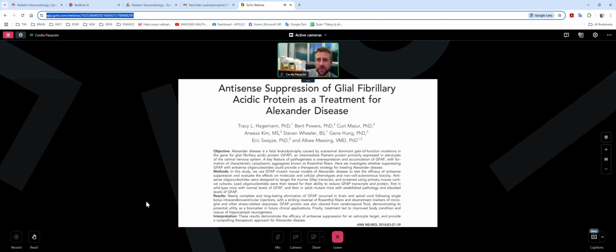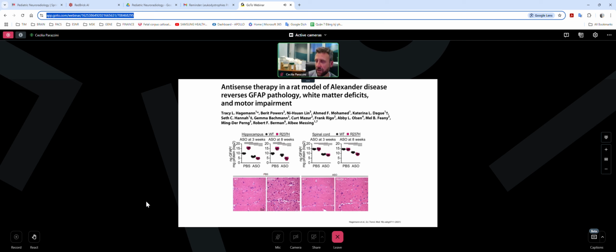So this strategy has been tested in preclinical studies for Alexander disease, and the results of the studies on the animal models were quite promising, and this led to start this clinical trial, which is now ongoing. So we will have to wait for the near future to see if this will be proven efficacious or not.